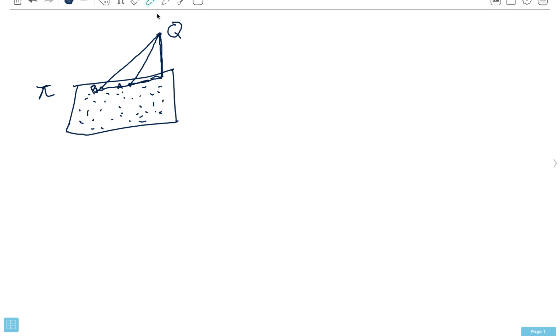The shortest distance is the point where Q just goes straight down to this point here. Instead of going left or going right, Q just goes straight down.